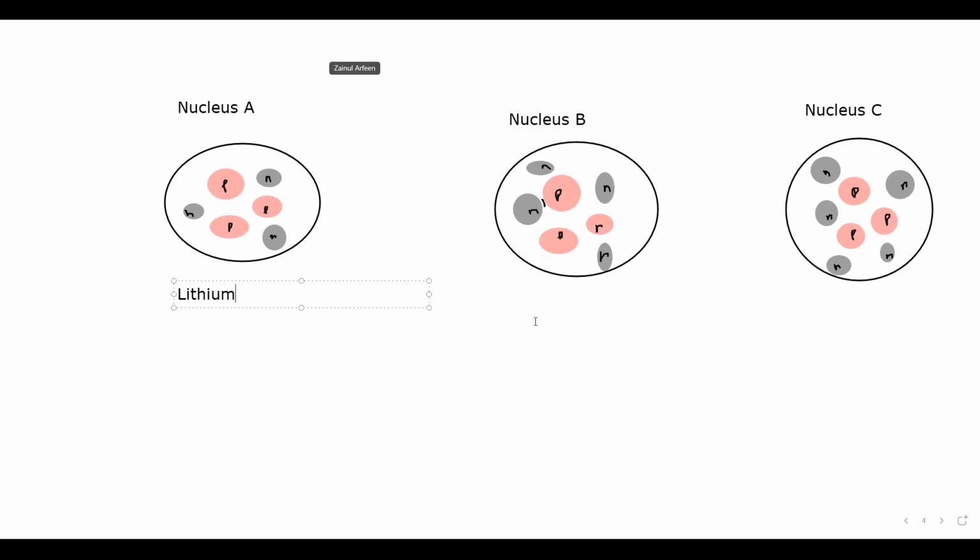What about the second nucleus? Which element? That is also lithium. Why lithium? Because both have the same number of protons. So this is lithium and this is also lithium. The third one is also lithium.